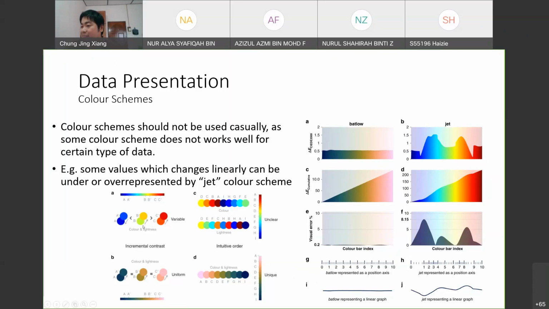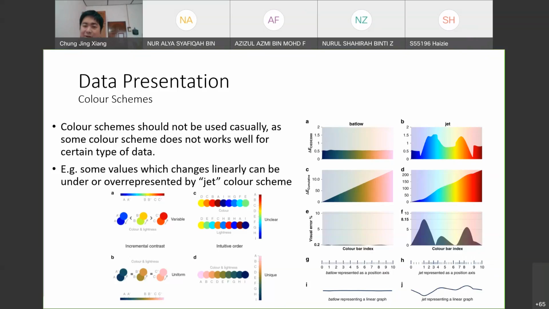The reason is that when this dark blue becomes like this one, the shade becomes lighter. Green to yellow is also the same. But when you come to this red color, it goes from light to darker. So it means the lightness changes.